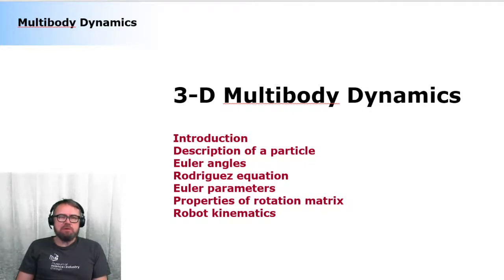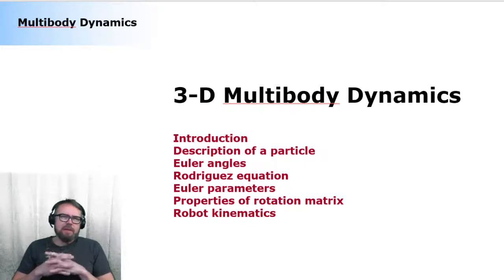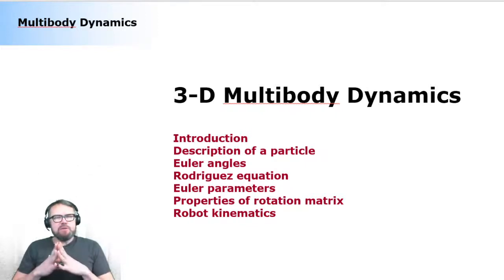No, there are no 4 ways that the body can rotate. But there are still 4 parameters that are used mathematically to describe the body rotations or coordinate rotation. Maybe better to put it this way. The first method we're going to learn, which is based on 4 parameters, is the Rodrigues equation. An extension of the Rodrigues equation is Euler parameters.